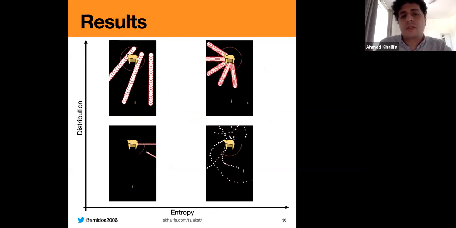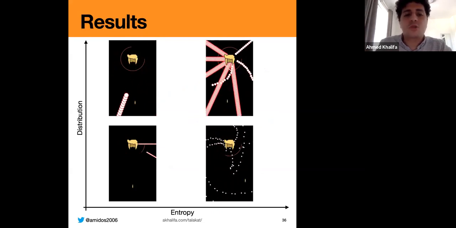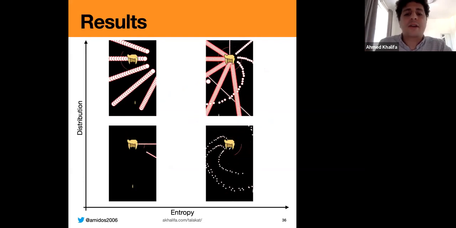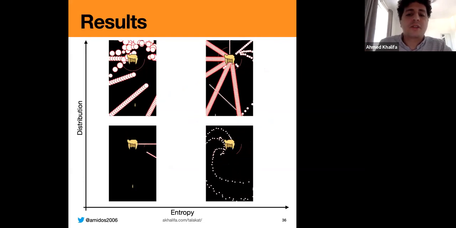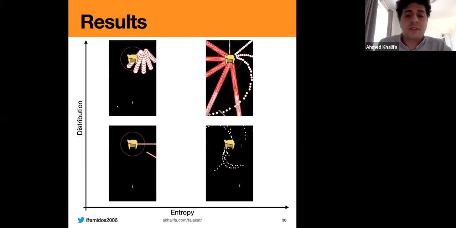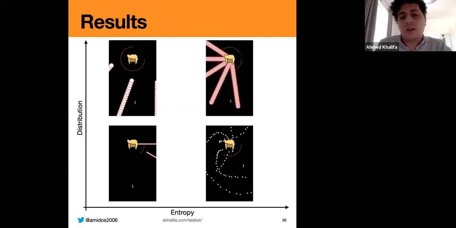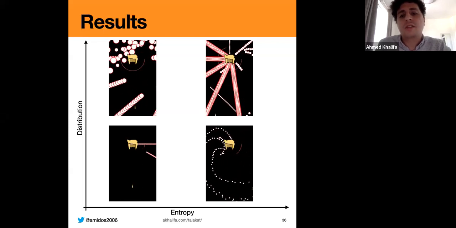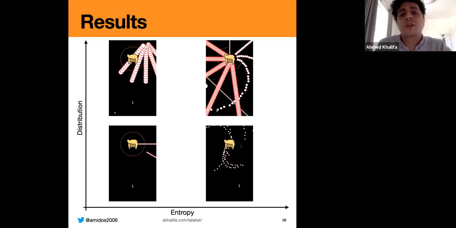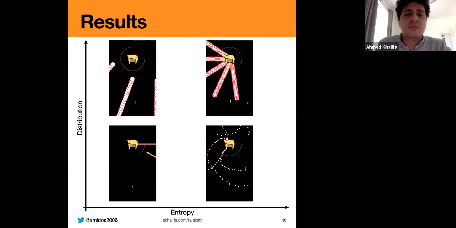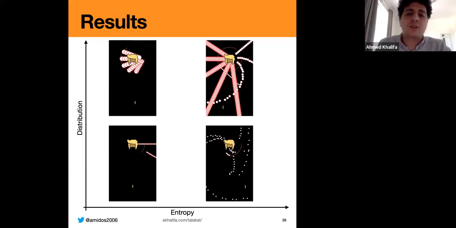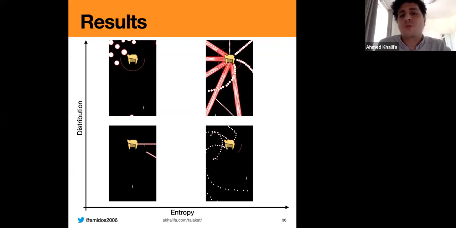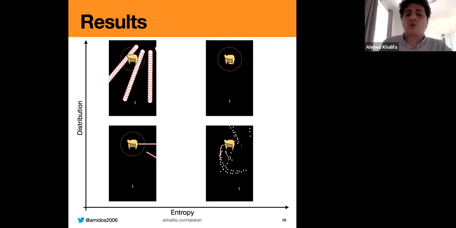Most of the time it's just staying still or moving a tiny bit, while with high entropy, it's moving everywhere. If you have low density, you can see that the screen is covered with bullets, but not too much. But if you have high density, almost the whole screen has bullets. The reason for that doesn't mean more bullets. It's more that you want high density, so the algorithm decided to make bigger bullets, because bigger bullets can cover more of the space themselves.